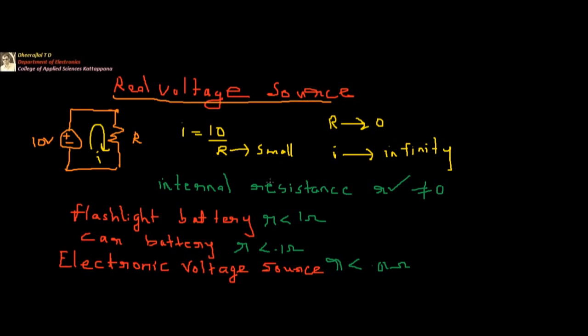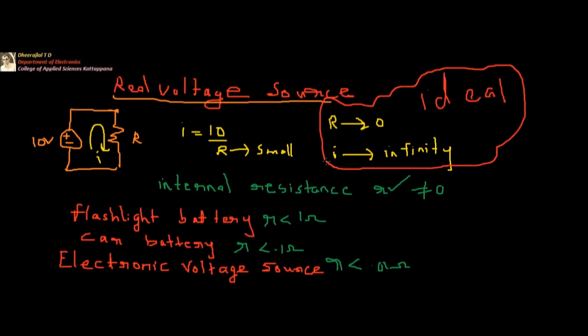When you decrease the resistance in the case of an ideal voltage source, that is, when R approaches 0, the current will tend to infinity. This is an ideal case.